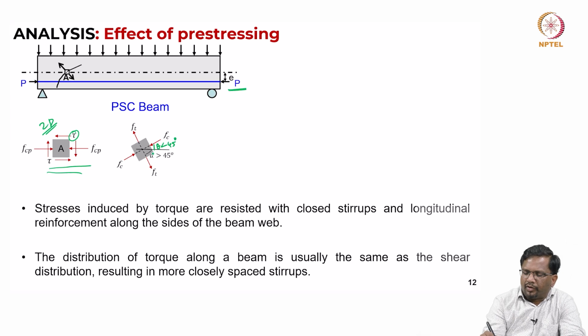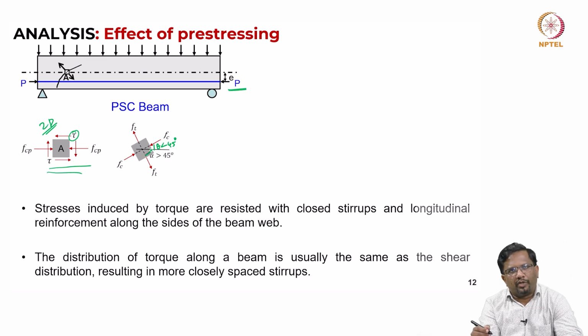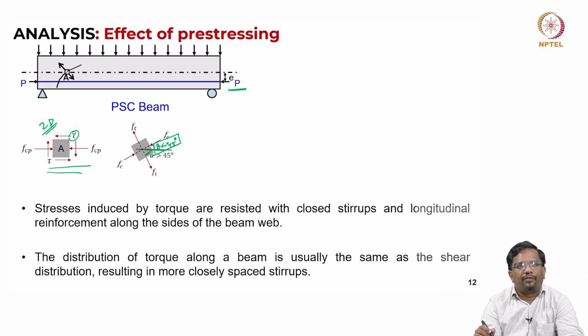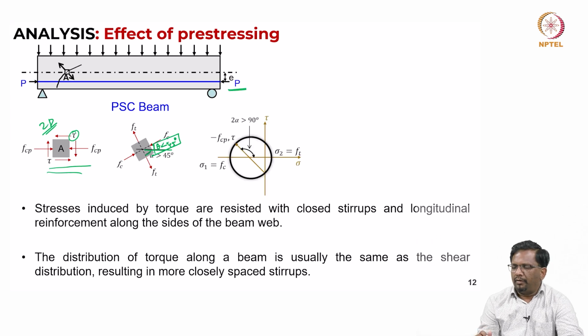If this is less than 45 degrees, this other angle has to be more than 45 degrees. So, we have seen that. Pre-stressing is going to make the crack angle shallower with respect to the horizontal axis. That is why I am taking that as theta, which is less than 45 degrees, right.